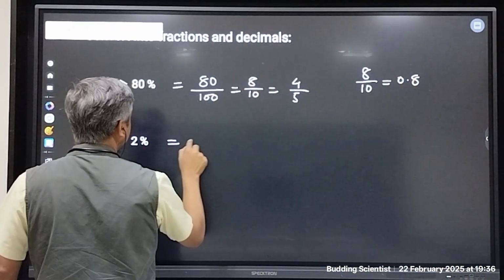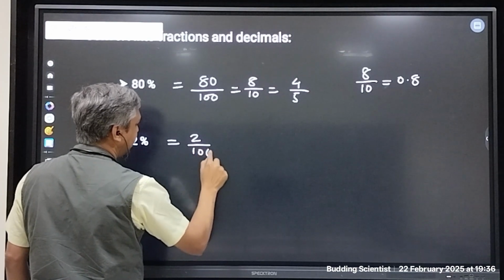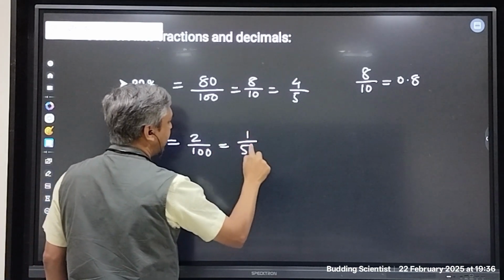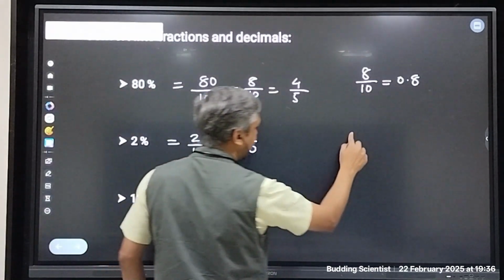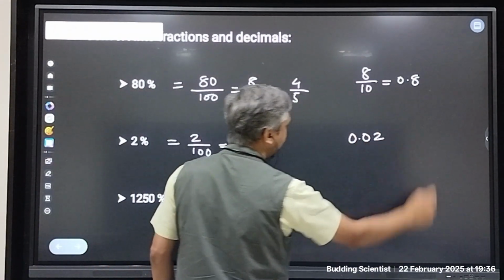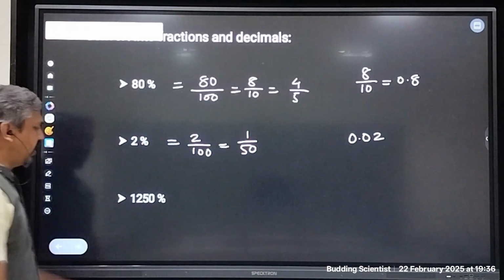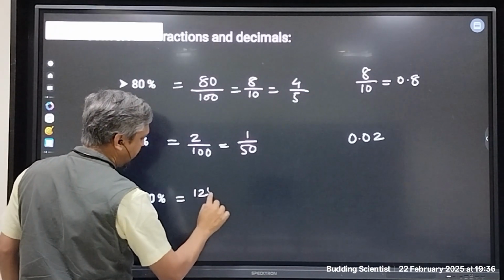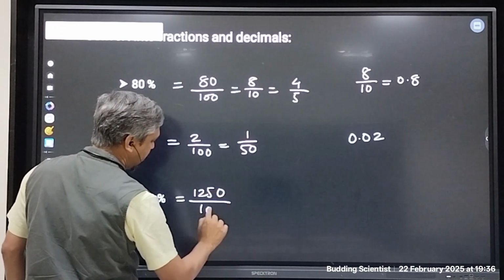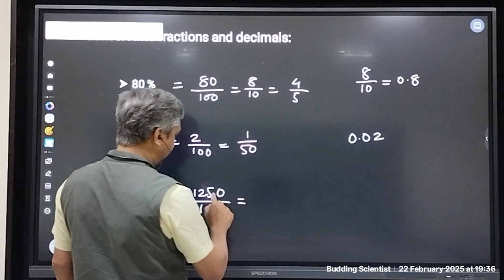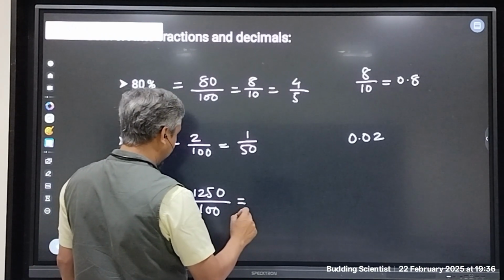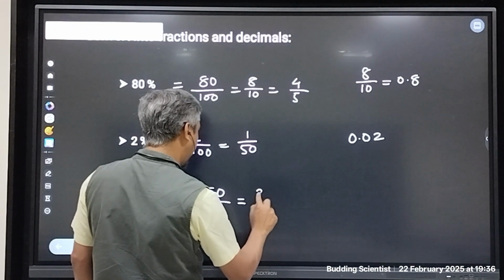2%, I do the same. This is equal to 2 by 100, which is equal to 1 by 50. This is good for fraction. For decimal, 2 by 100 is equal to 0.02. 1250% is equal to 1250 upon 100. That is equal to 125 upon 10, which is equal to 25 by 2.